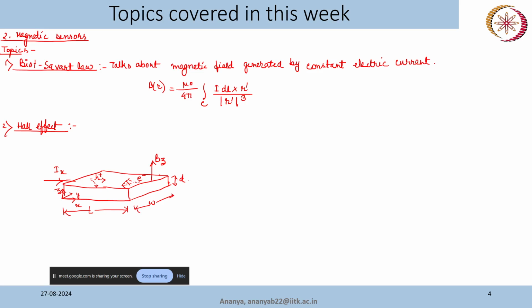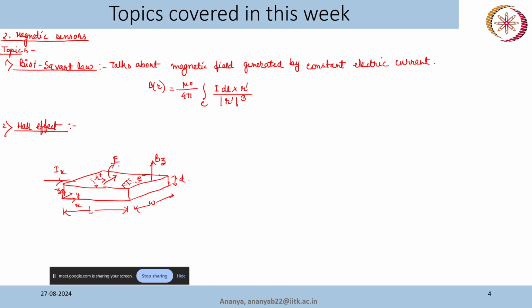So due to this difference in concentrations, there will be an electric field. Holes will be in this direction, so this will be more positive here, more negative here, so the electric field direction will be like this. So this effect is the Hall effect.